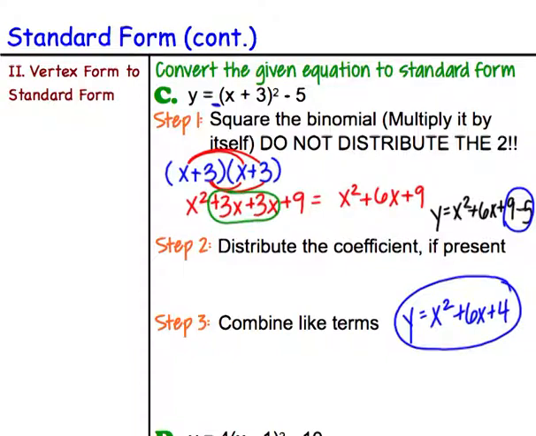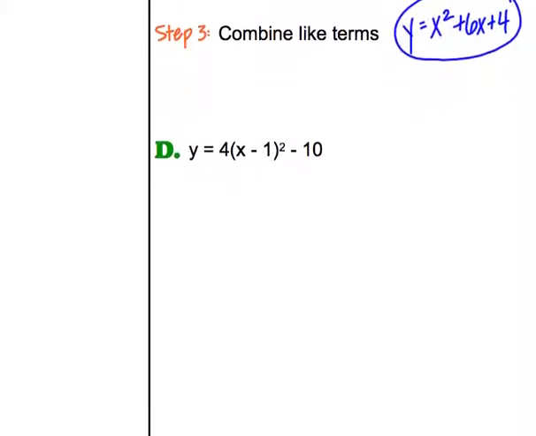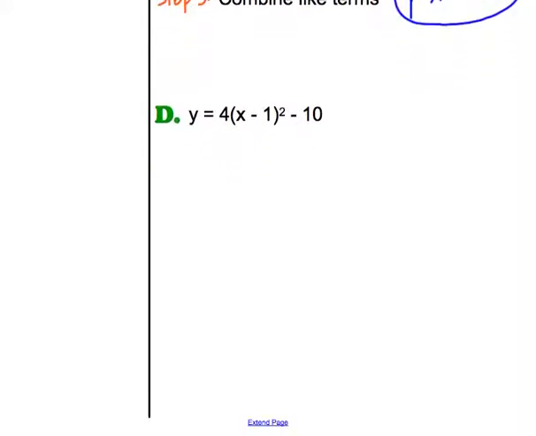Let's go ahead and take a look at another example. This time we do have that coefficient. So let's start off by first taking this x minus 1 squared and FOILing that out. So that's x minus 1 times x minus 1. We FOIL that out.